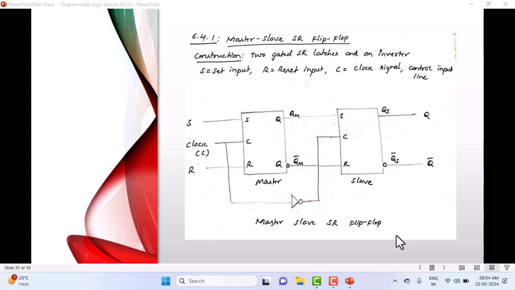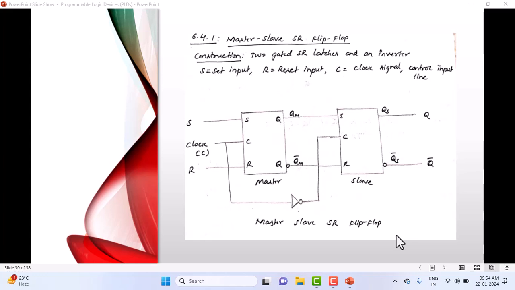Whenever the clock becomes 0 here, the slave becomes enabled, and the state produced by the master, QM and QM bar, will become the inputs: R will become equal to QM bar, and S will become equal to QM. So that input will be captured by the slave when it becomes enabled, and after some propagation delay, the slave will change its state, QS and QS bar.